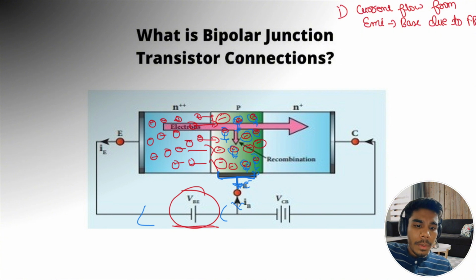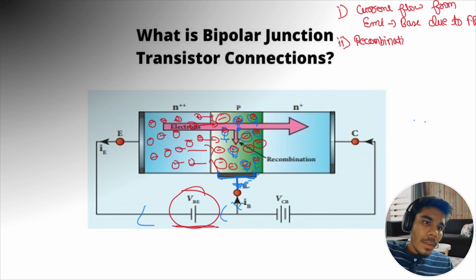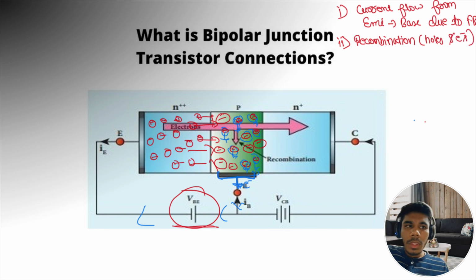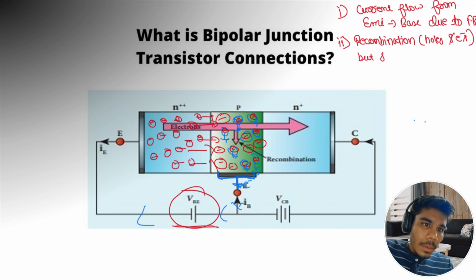So the second step is the recombination of holes and electrons, with some electrons left due to their large amount.